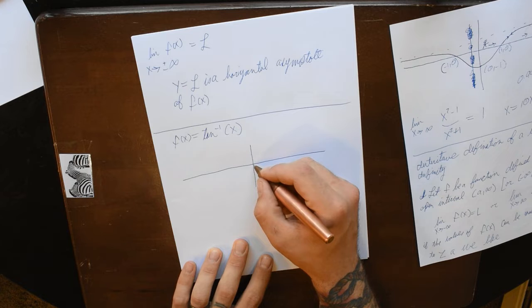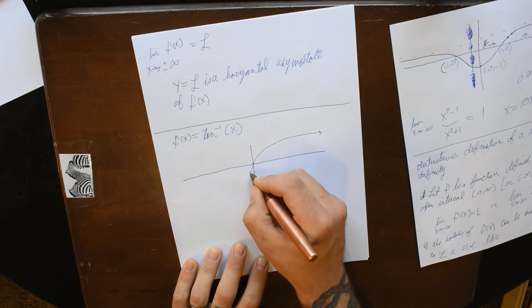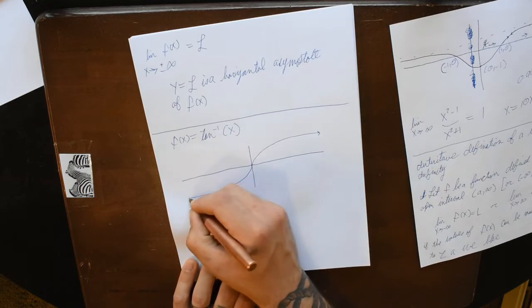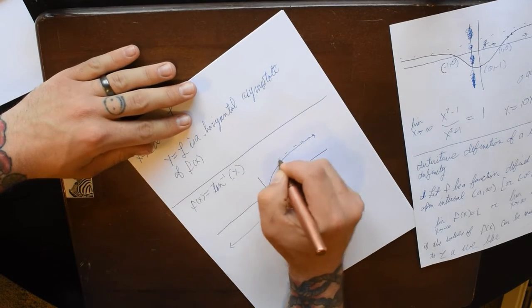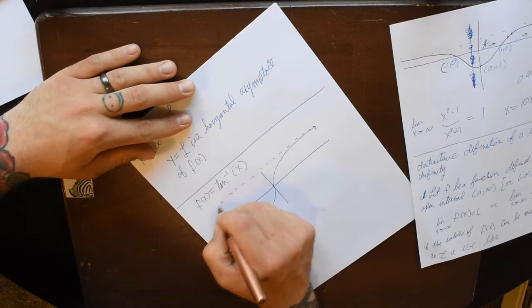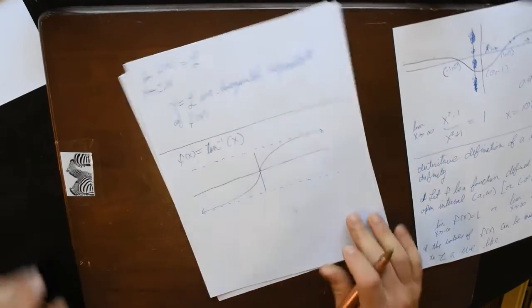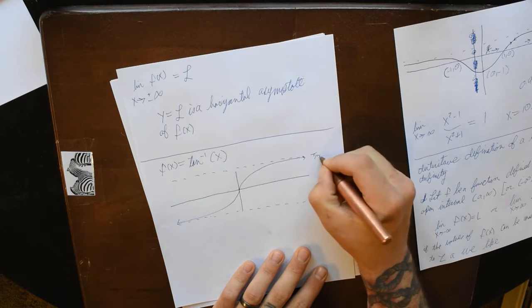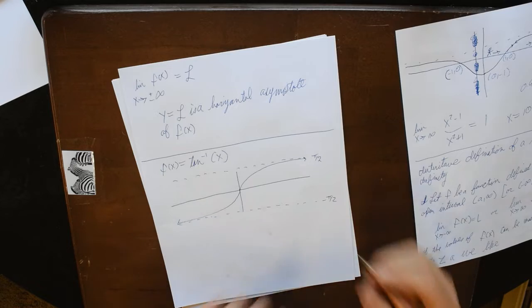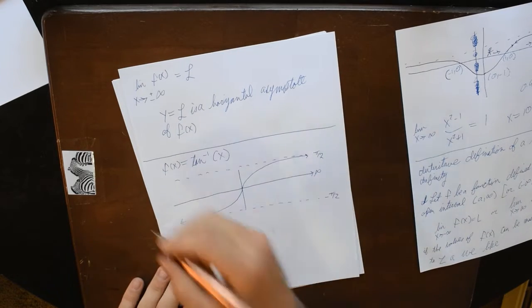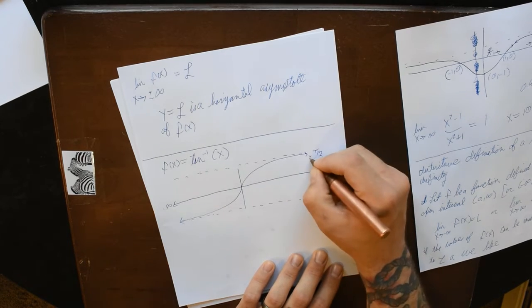Tan inverse goes off like this, and we have these lines like this, with this being pi halves and this being negative pi halves as y values. And this goes out to positive infinity and negative infinity.